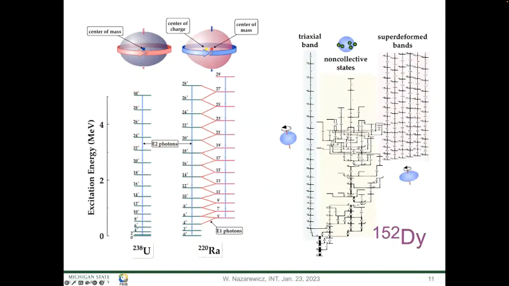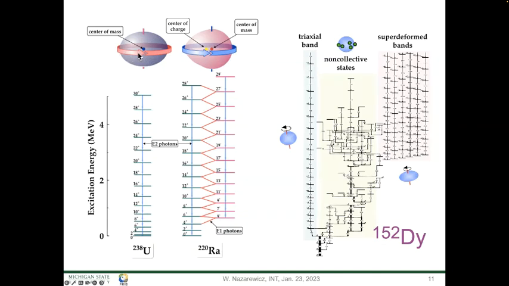So, as I told you earlier, the presence of a broken symmetry in the intrinsic system, for instance, quadrupole deformation, quadrupole shape breaks rotational invariance internally, and manifests itself in the collective bands in the laboratory system. So uranium-238 here is very well deformed.